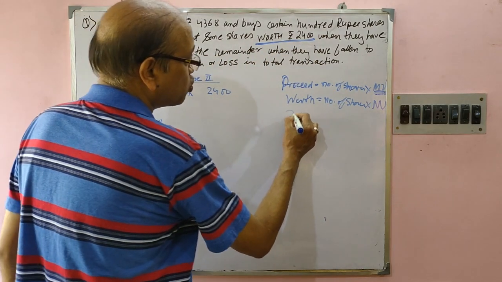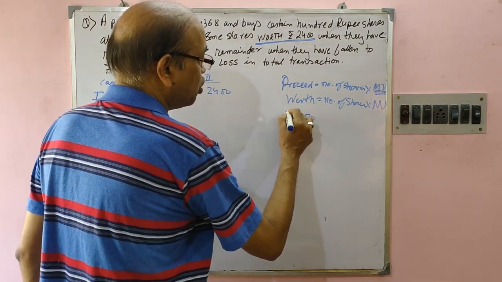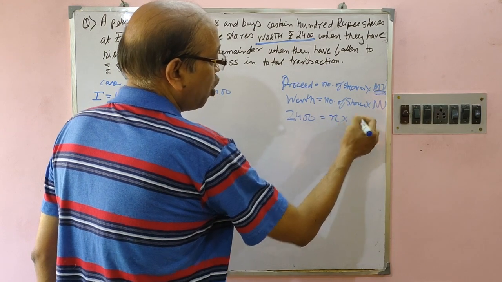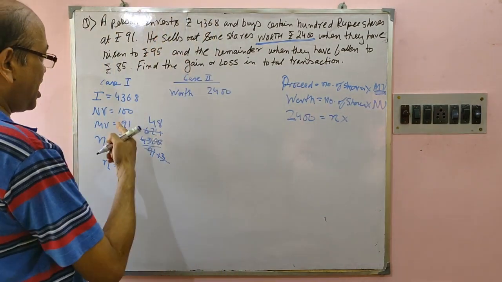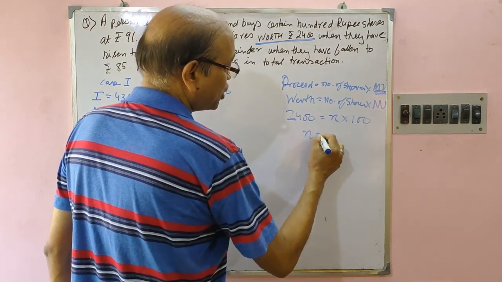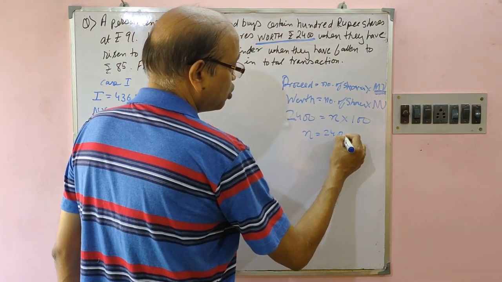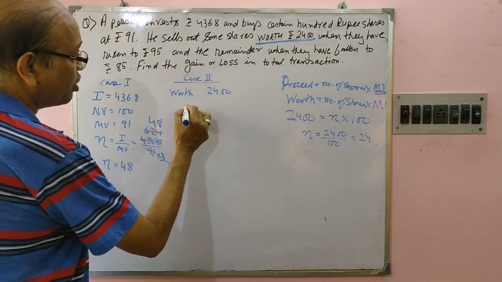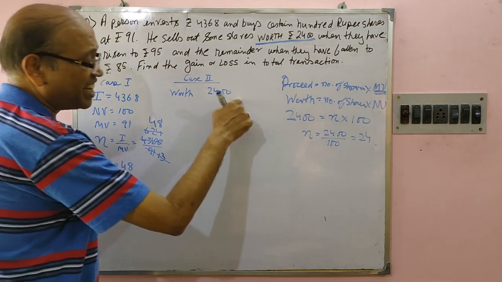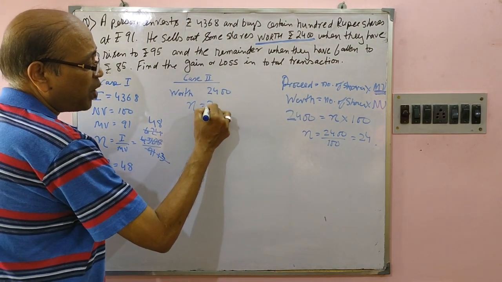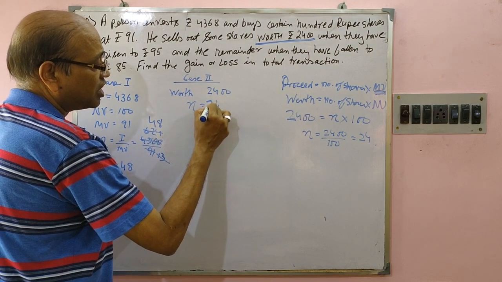So here they said worth rupees 2400. That means if the number of shares is n, and nominal value in this case was 100, therefore number of shares is 2400 by 100, which is 24. Therefore, on selling worth 2400, he has sold 24 shares.